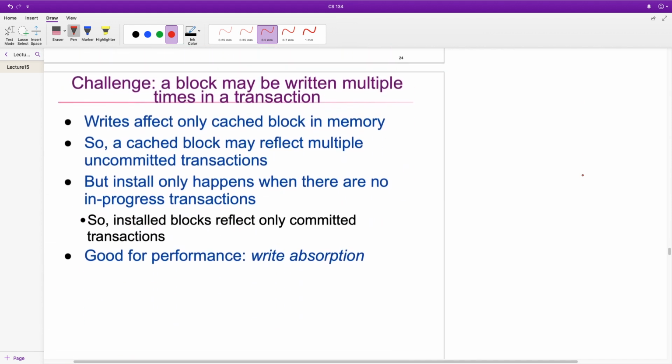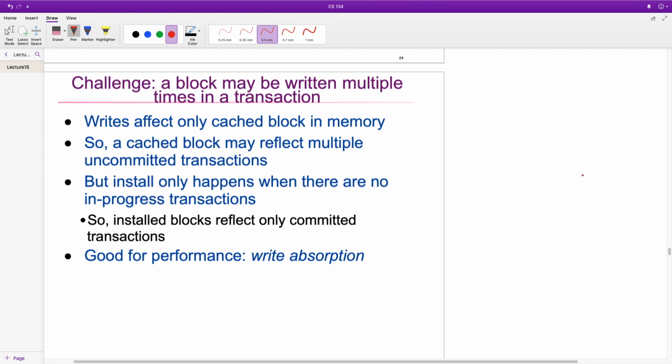Okay. A block can be written multiple times in a transaction. The way we're doing writing here is until we get to the commit, we're just operating in memory, right? We're just operating on cached blocks. So it's actually really nice because we're not actually going to disk. We're going and updating this block multiple times, like we might be creating files in a directory. We might be allocating a bunch of blocks, which updates the bits in the bitmap free block.